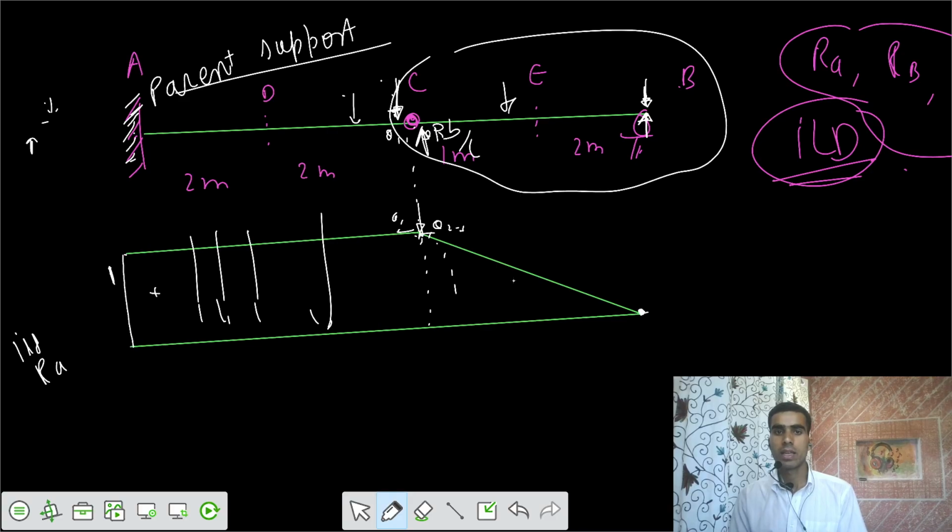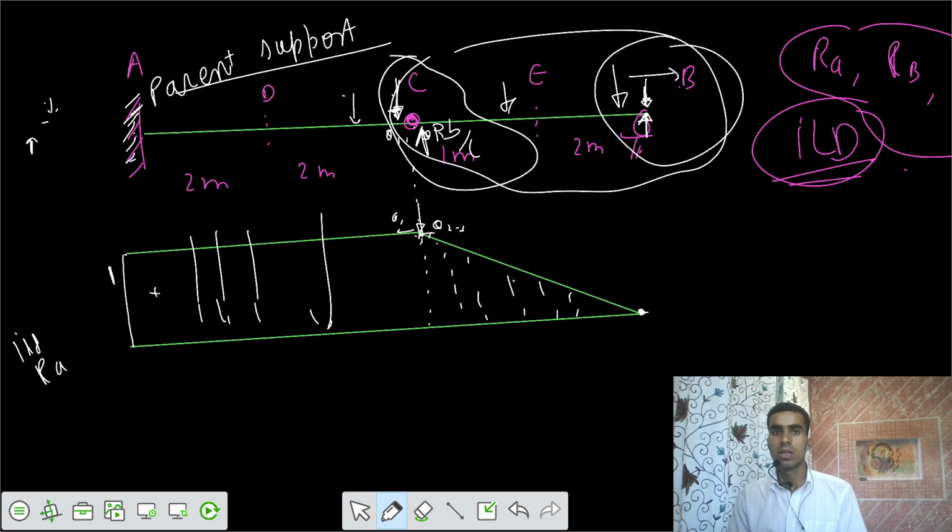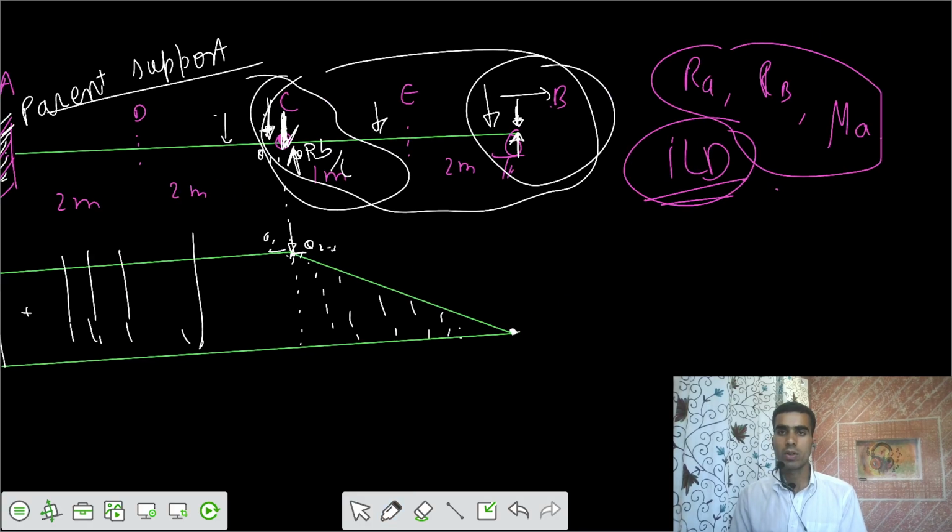So that's why there is a linear decrease, because the closer the load is to support B, the more reaction is taken by support B and the less reaction gets transferred to this point C, and the same amount of shear force is taken by the reaction at A. So you got the reaction at A.